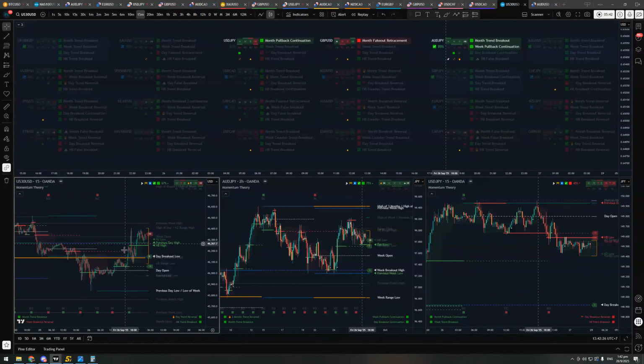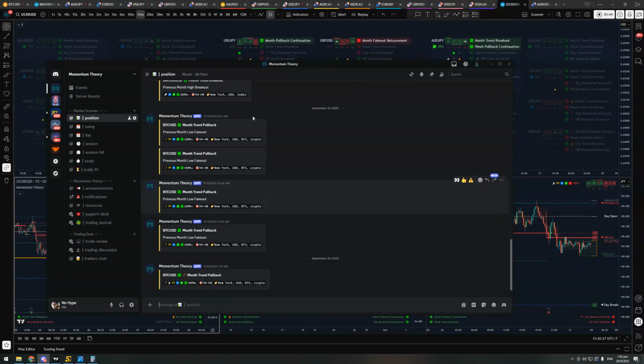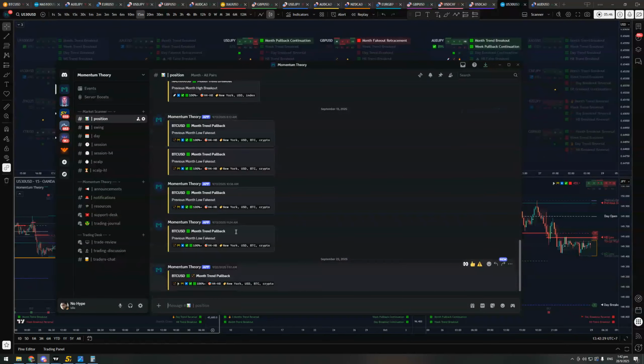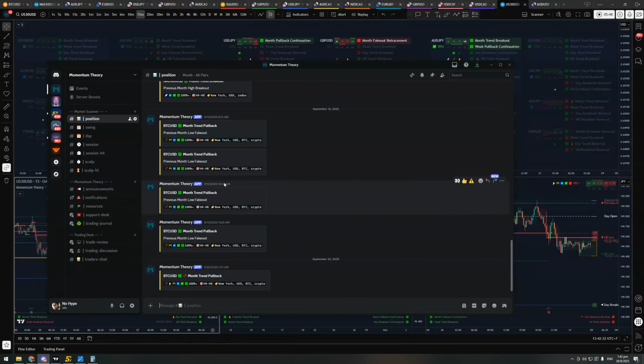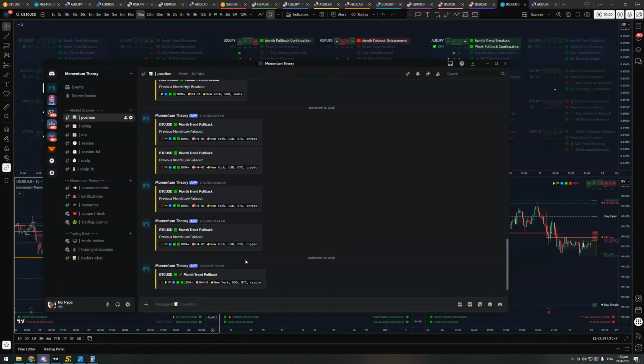So this is going to be really useful in pair with the momentum theory Discord alerts. The Discord alerts have been working beautifully, but I find that they're still a little too much. So I want to reduce the frequency of the alerts. And in order to do that, I have to be really strict with the code.